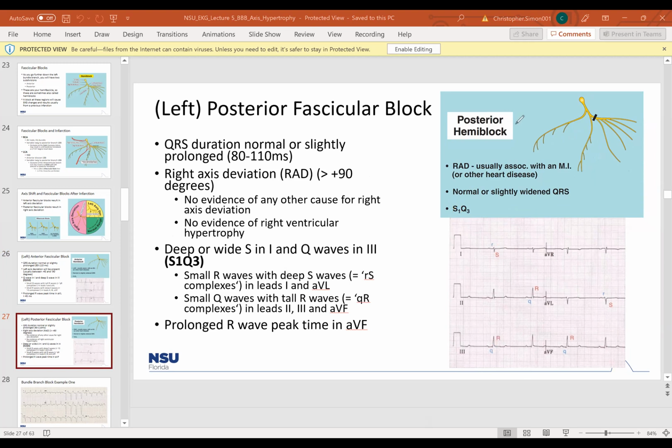Left posterior fascicular block most commonly is going to happen in a right axis deviation. So just keep in mind: left axis deviation goes more along the lines of anterior fascicular block, and right axis deviation more in line with posterior fascicular block.